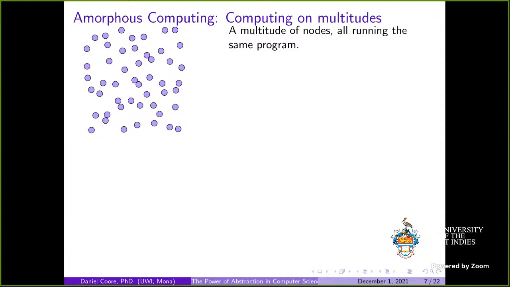It was the overhead in managing the connection between nodes. If you're trying to scale up to thousands of nodes, it became very complicated to manage the interconnection between those nodes.